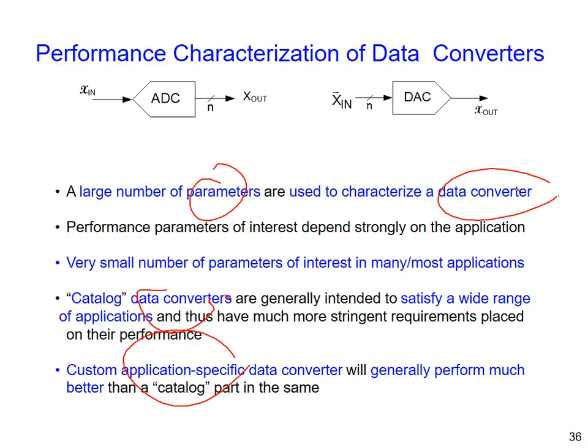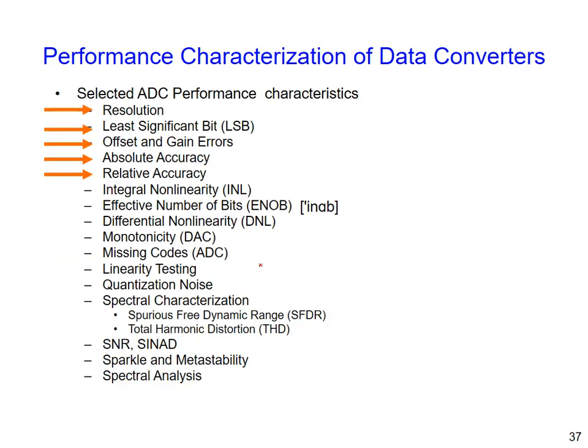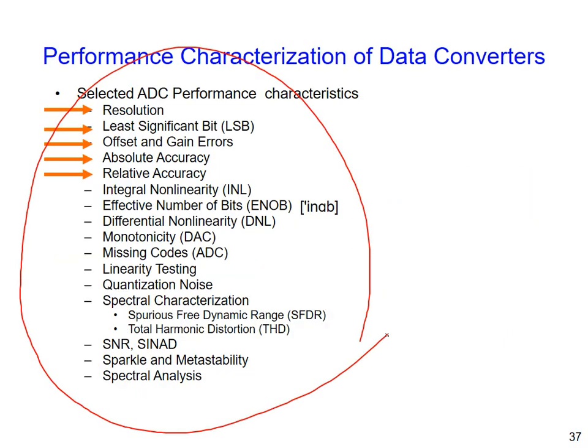So anyway, for your special purpose ADC, please don't fit all the parameters just like the commercial part. No, too much. You only focus on maybe 2 or 3 good enough. So allow me to show you many kind of parameters. For example, resolution, LSB, offset error, gain error, absolute accuracy, relative accuracy, ENOB. Yeah, I mentioned already, you don't need to fit all of them, but you need to understand all of them.